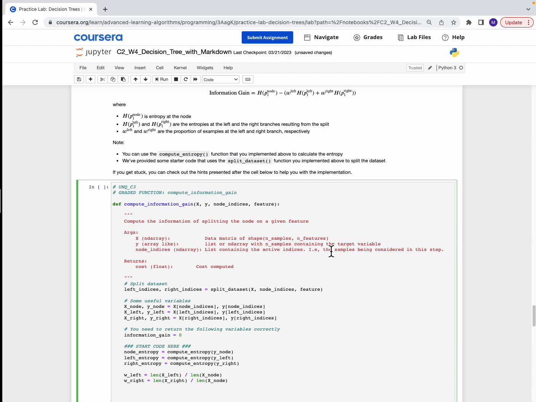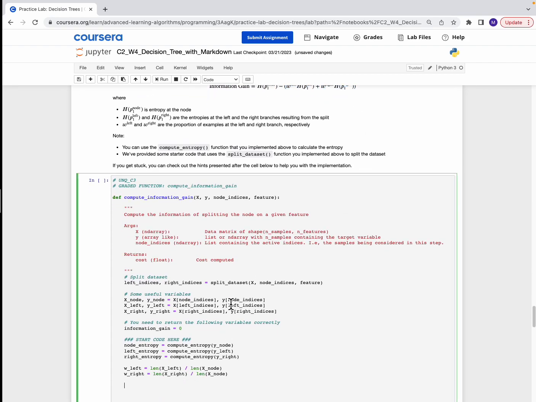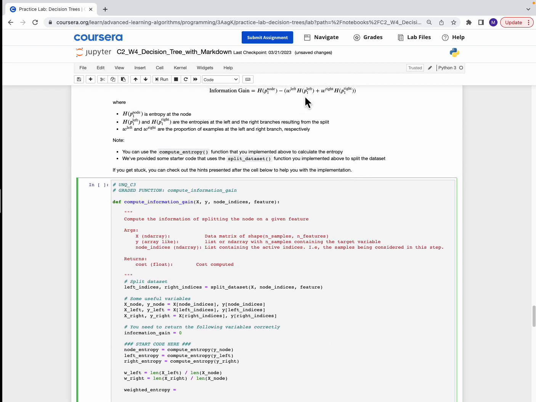And the weighted entropy, which is this part of the formula, is W left times left entropy plus W right times right entropy.